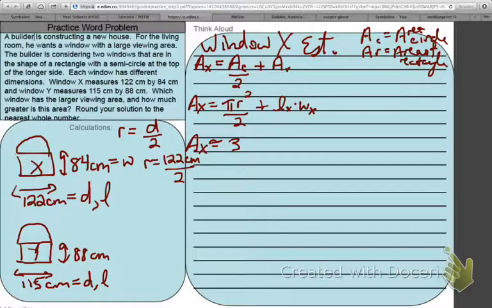So what we could say is that for the area of the circle, we're going to be doing 3 times 60 squared divided by 2. Again, these are just estimated values. And this makes it easier, because if we're going to multiply 60 by itself, well, 6 times 6 is 36, and then we just add the 2 zeros, because we're multiplying 60 by 60.